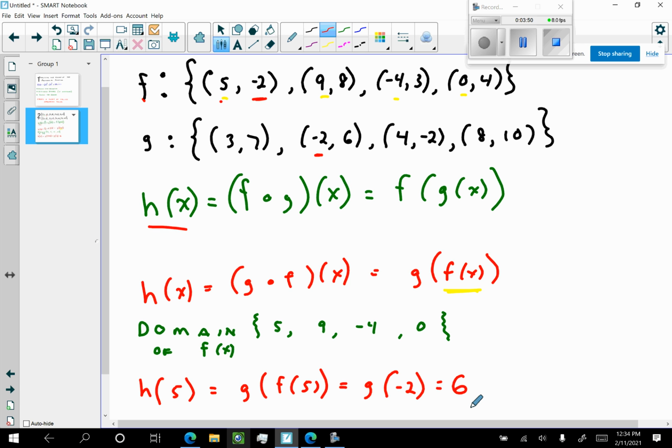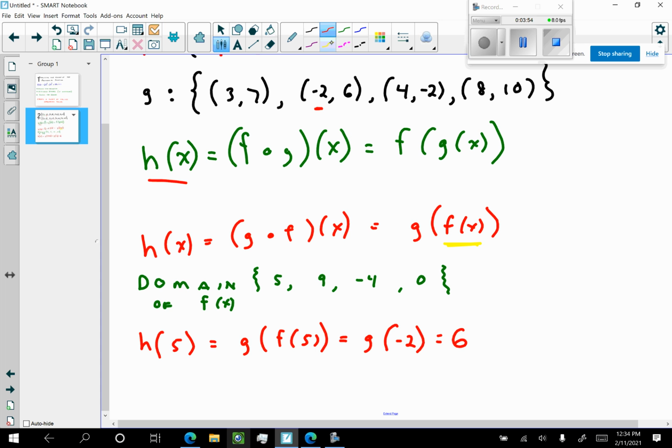That's 6. So if you look, where did I start? I started with 5 and I ended with 6. So the first point on the red h of x then is going to be 5, 6. Input, output. Input, output.